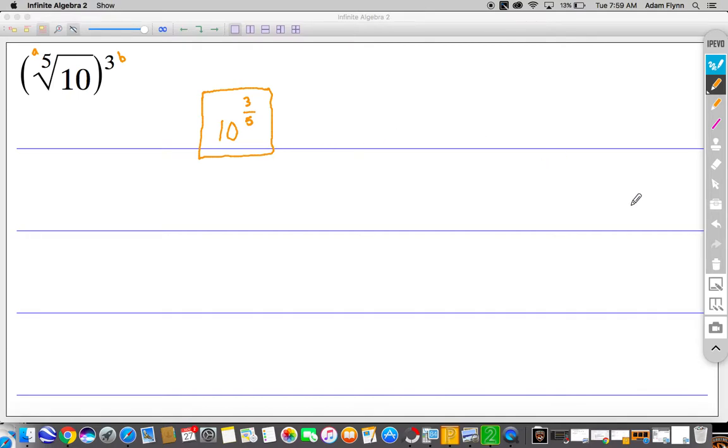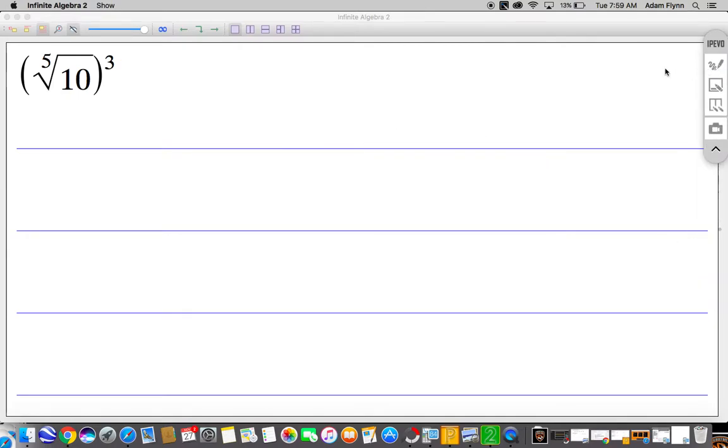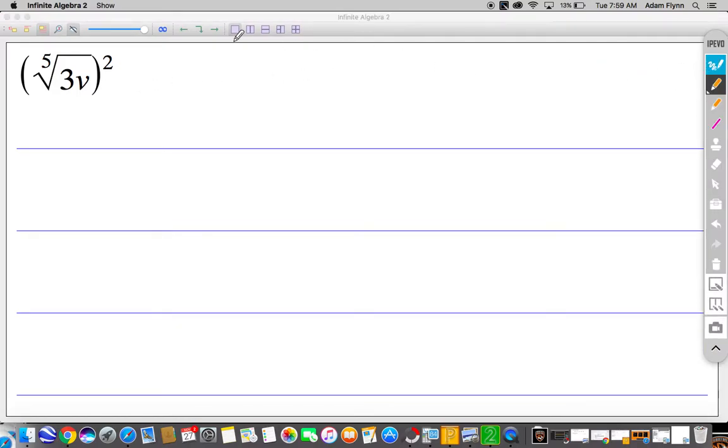We do have to be careful for an example like this, where we've got a 3v all squared. If you are putting that power outside of the radical, that's fine, but if you're putting it inside the radical, we have to remember to put parentheses around the 3v. So taking a look at this one, our 5 is our a, this 2 will be our b.